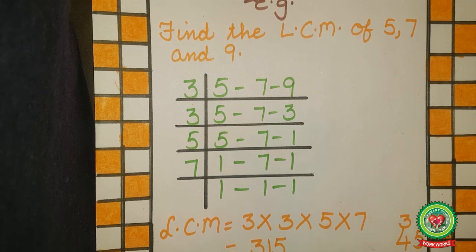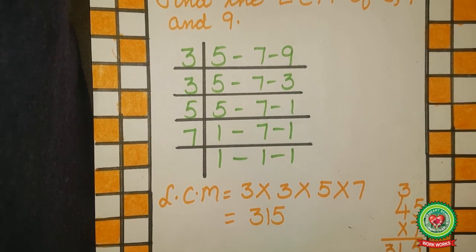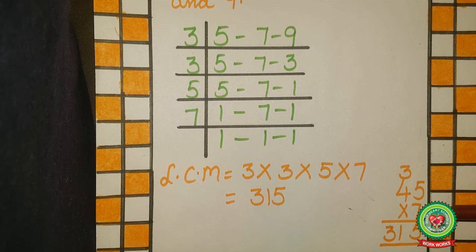Now students, do multiply. 3 3s are 9. 9 5s are 45. Now 45 7s are, we don't know. So for finding 45 7s, we will do multiply. 7 5s are 35.